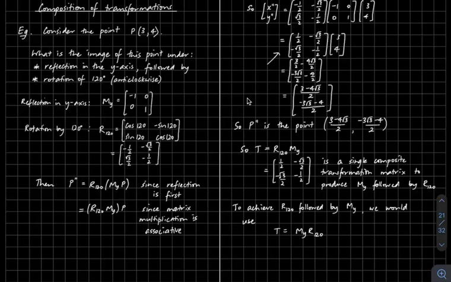So that order that we write them in is the opposite to the order that we actually perform them in, and that's because the one that is done first has to be closest to the point. It has to be done first, so it needs to be next to the initial P value there.